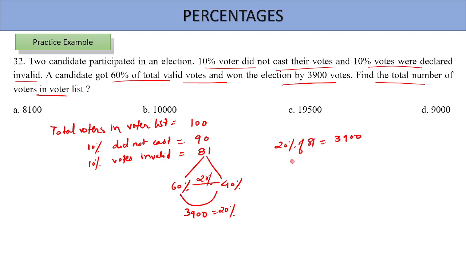So 20% of 81 will be nothing but 8.1 into 2, which is 16.2. So 16.2 should give you 3900. It will be 3900 by 16.2.